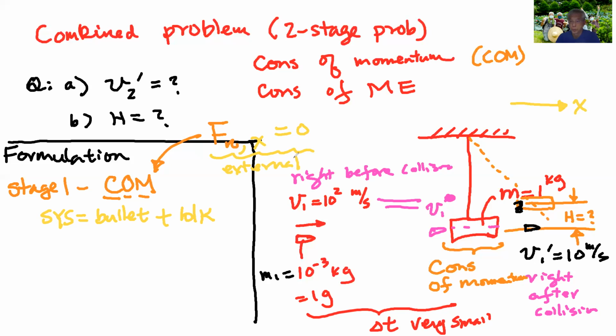So that's important to realize. We have stage one, and then we have stage two. What is stage two here? Stage two is afterwards: the bullet comes out, and now the block receives some velocity, and he's going to keep swinging up to that position.